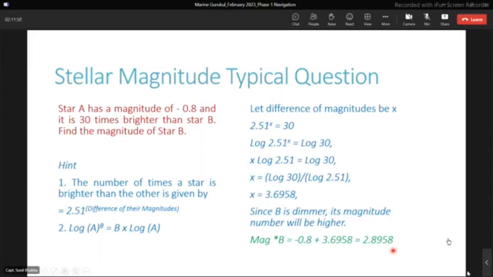So this is the magnitude of star B. So you can see now star B magnitude 2.8958, star A magnitude is minus 0.8. The difference between both of them is 3.6958, and if you use that difference in this equation, 2.51 raised to power this difference, it will give you the value of 30. So this is how the question is solved.